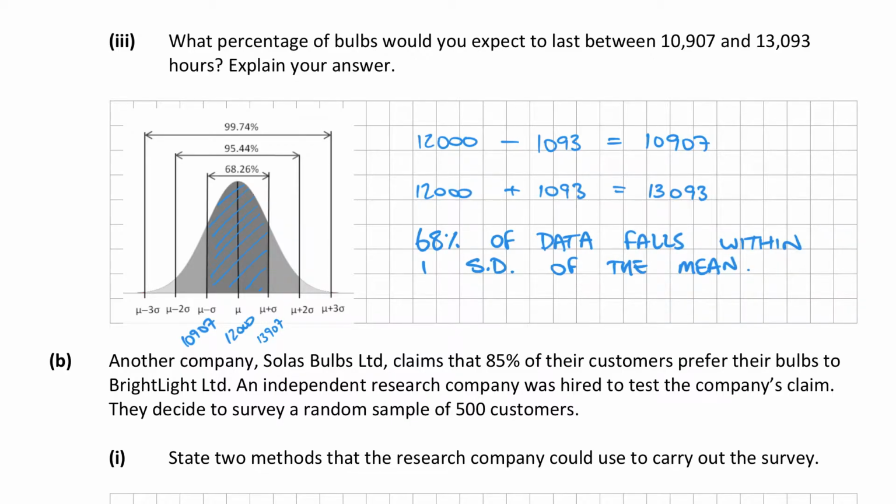So that just means that 68% of the data falls either side of the mean. So you've got one standard deviation this way and one standard deviation this way, and 68% of the data falls in that bracket. And that there was worth 5 marks on the pre-paper.